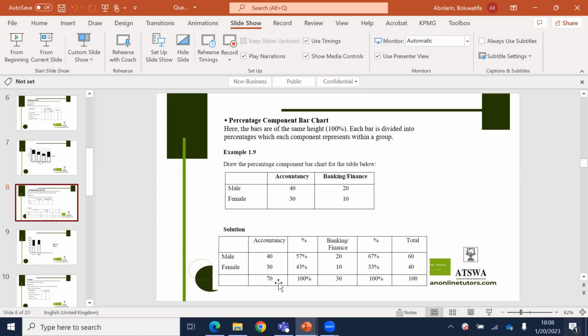Moturaya, are you with your calculator? Yes, ma'am. Okay. So to find this percentage is easy. You will just pick number one, you pick male. Male is 40. You will do 40 divided by 70, divided by the total, times 100. Punch it on your calculator. What does it give us? 40 divided by 70 times 100.